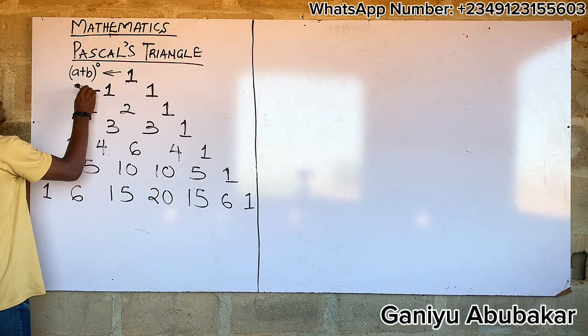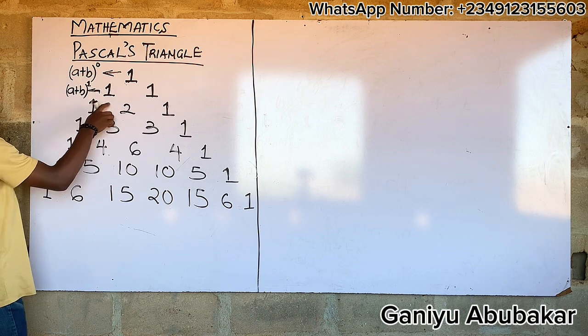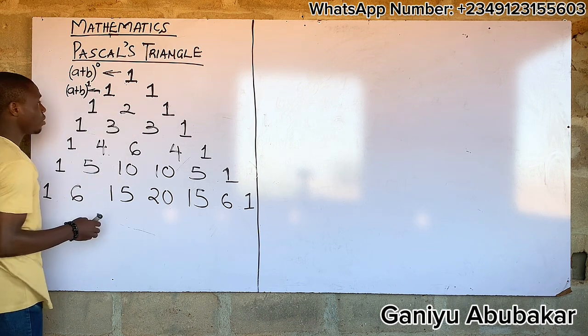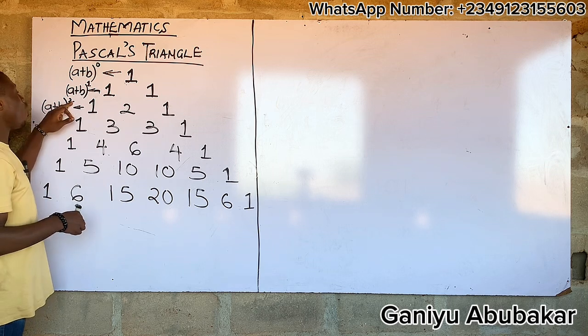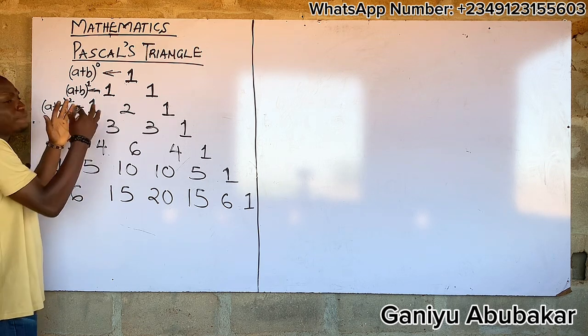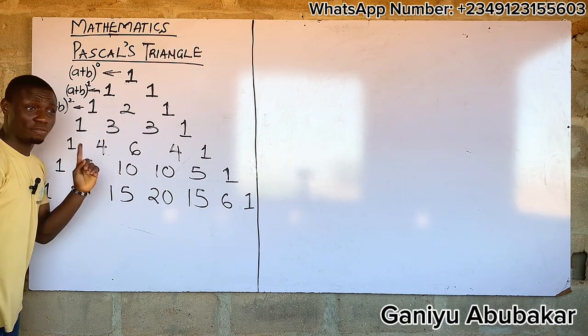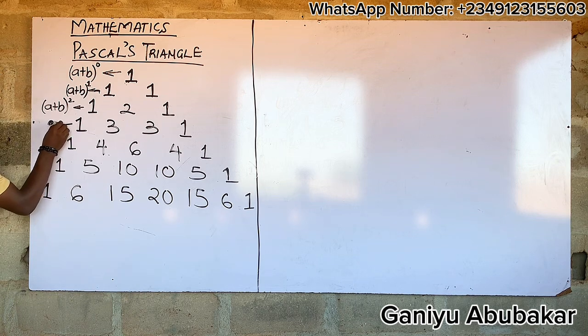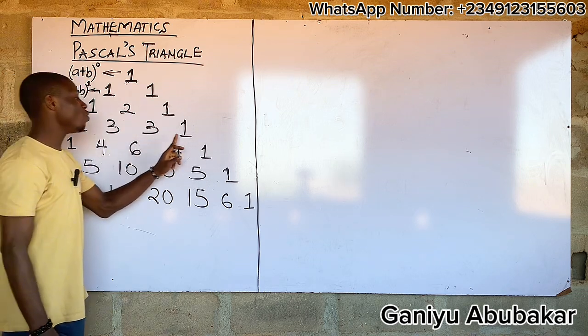For this one here, if the degree or the power or the index is 1, I'll use the coefficients 1, 1. Similarly, for (a + b) all squared, if the power or the index or the degree of the expansion is 2, I'll use 1, 2, 1 as my Pascal's triangle coefficients. For (a + b) cubed, if the index or the power is 3, I'll use the coefficients 1, 3, 3, 1.